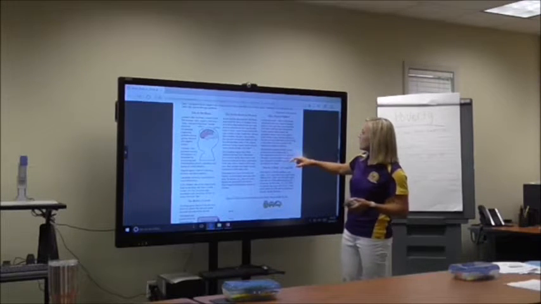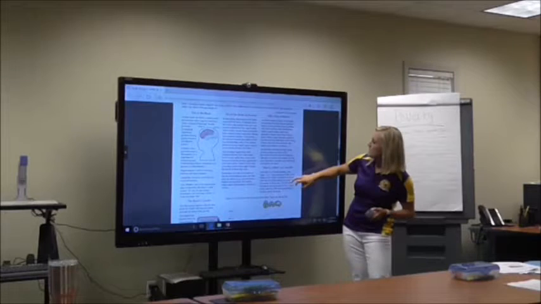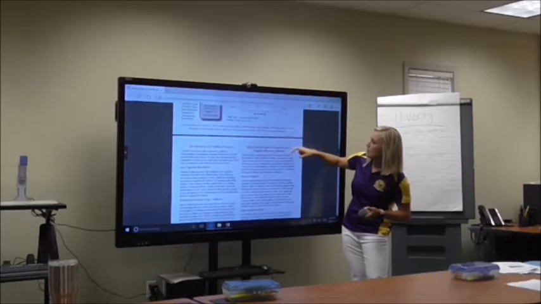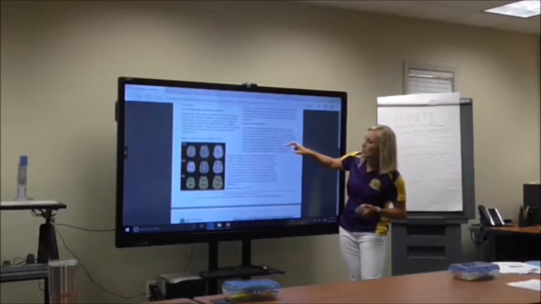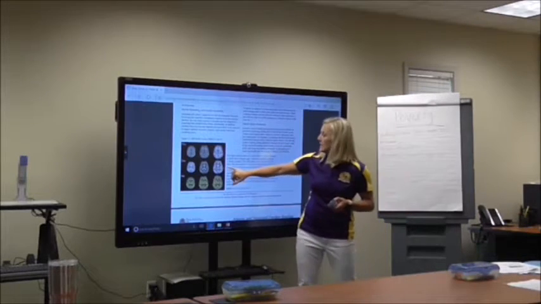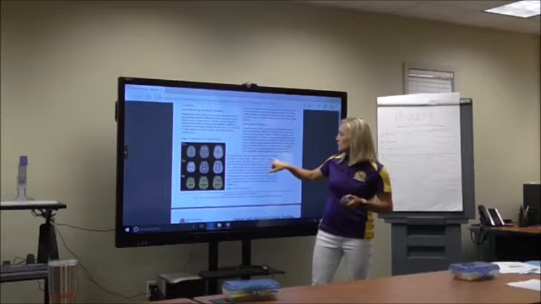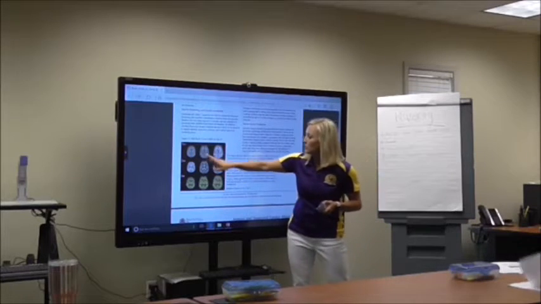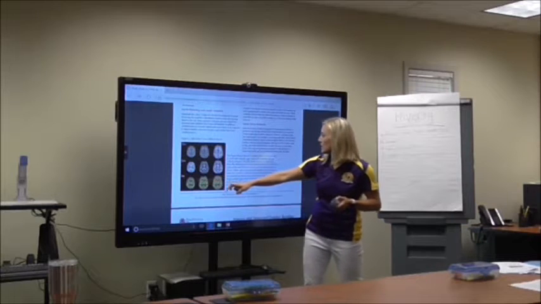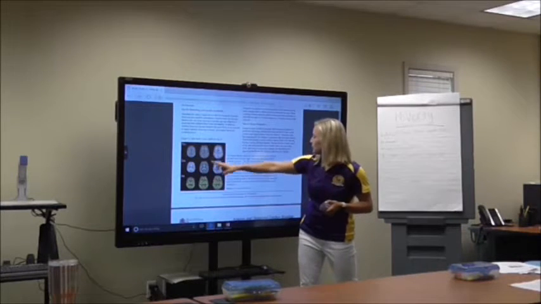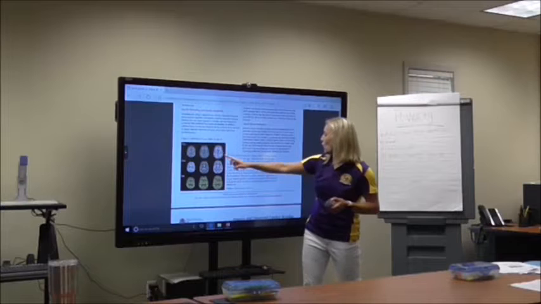So why does it matter? I'm going to keep going through here. This right here is where I wanted you to see. This figure shows a typical child's brain scan at birth, and that's the first column. This is at age 2, and this is at age 4.